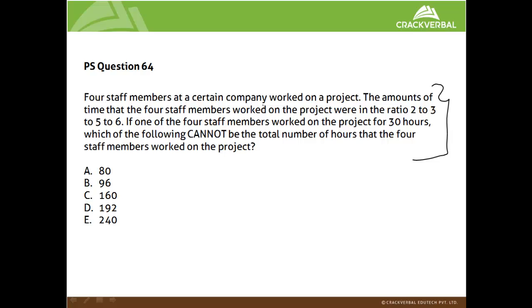4 staff members at a certain company worked on a project. So there are 4 staff members. The amounts of time that the 4 staff members worked on the project were in the ratio of 2:3:5:6.